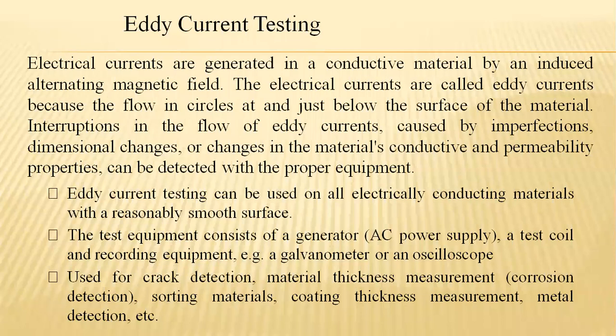That will cause imperfections in its frequency variations, which we observe on the oscilloscope, where the frequency levels change intermittently. Imperfections, dimensional changes, or changes in the material's conductivity or permeability properties will be detected due to that variance, which is displayed on the oscilloscope through the proper channel connected to the operating equipment.